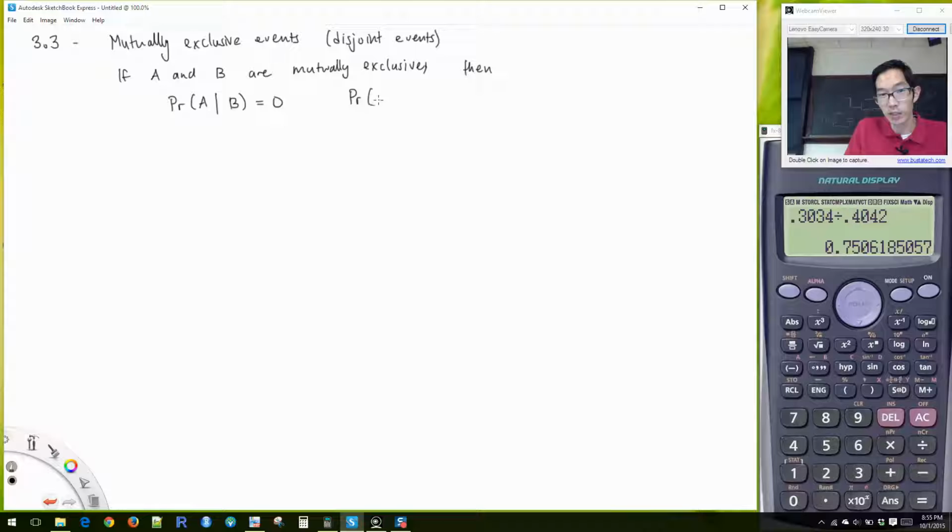The probability of B given A is 0. And the probability of A and B is also 0. Okay? Basically what this means is if A has happened, then B is impossible. If B has happened, then A is impossible.